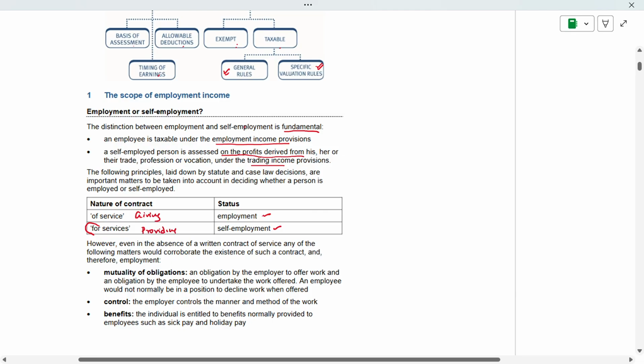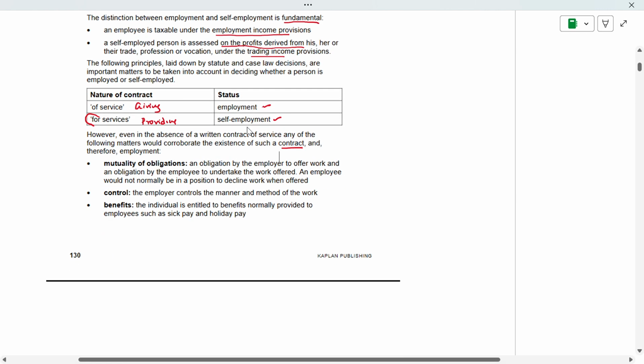However, in the absence of a written contract of service, any of the following matters will corroborate the existence of a contract. Mutuality of obligation: an obligation by the employer to offer work, and an obligation by the employee to undertake the work.